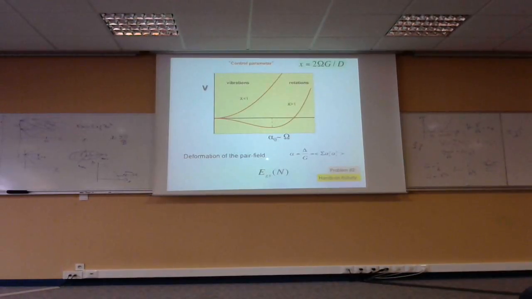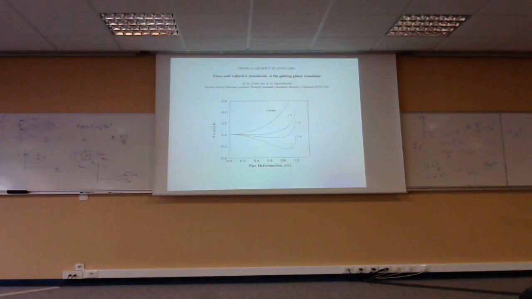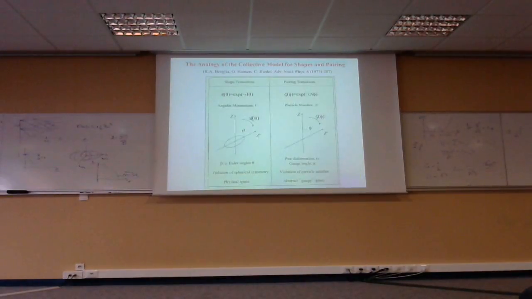There is an analogy that was discussed in detail by Broglia and others between shape transitions and pairing transitions. The angular momentum, as we saw, was the key element that allows you to look at energy versus angular momentum and decide whether it was a vibration or a rotor.